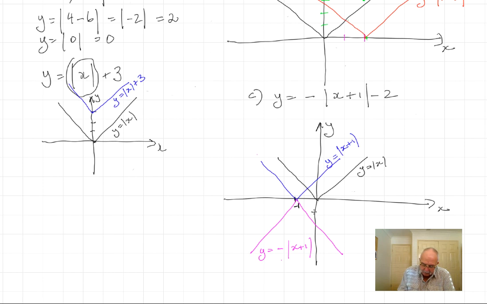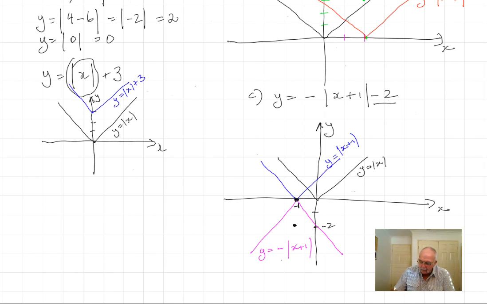So if we go minus 1, minus 2, I'll put it over here to give me a bit of room. So that's minus 2. So this point here, this turning point, is going to move down to that point there. So that's what this minus 2 does. This is my vertical shift, and when it is negative, it moves it down.